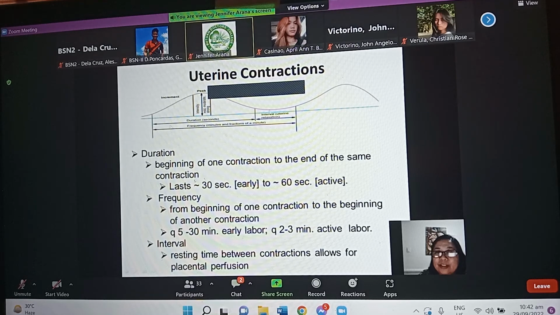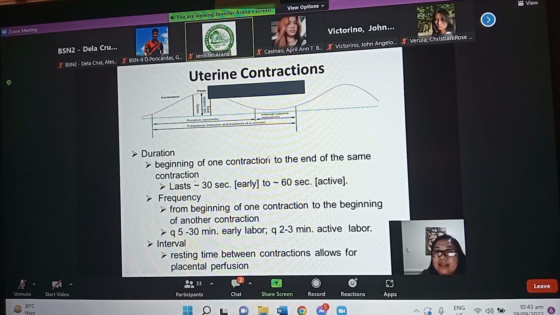So, gikan diri sa sugod sa isa ka contraction until sa sugod na pod sa next contraction, this is what we call as the frequency. Okay? In early labor, this occurs every 15 to 30 minutes, and in active labor, every 2 to 3 minutes. So, magkadugay ang labor, magkataas ang duration, magkamubo ang frequency.